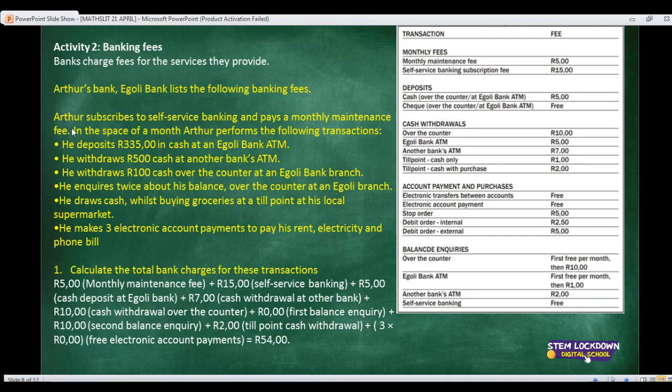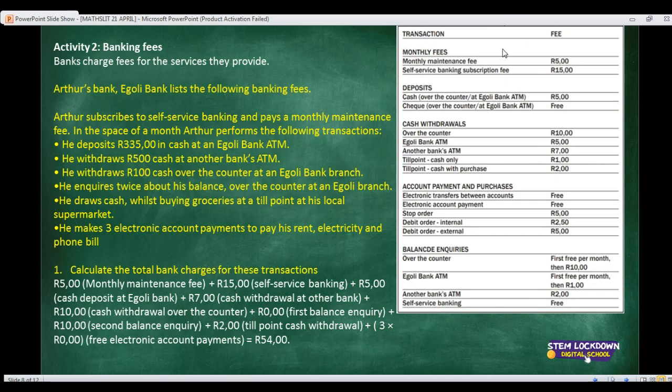We are told that Arthur subscribes to self-service banking. And when we look on our right, we can see that there's a fee charged for self-service banking, which is 15 rands.